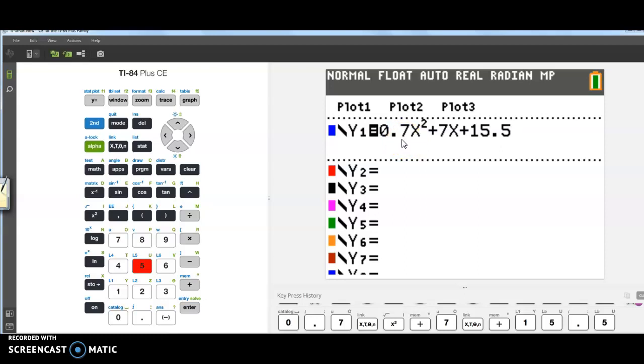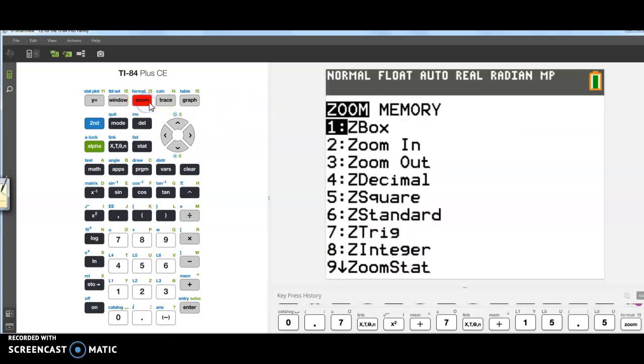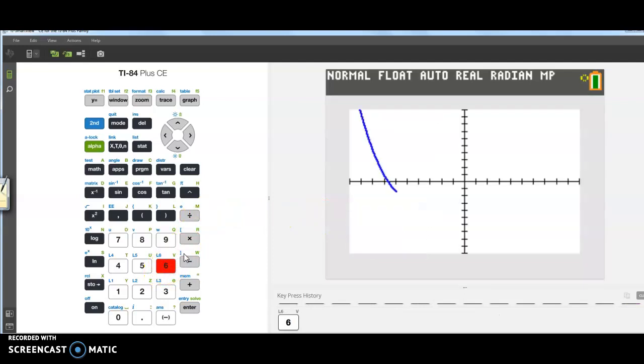A good option when graphing a generic algebra problem is to use the zoom button and choose option 6, which is a standard algebra window. This gives you a window that goes from -10 to +10 in both the x and the y axis.